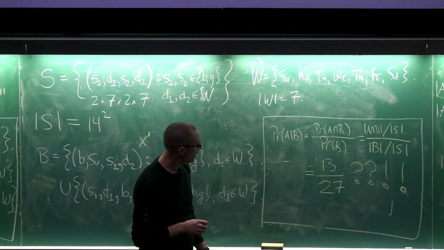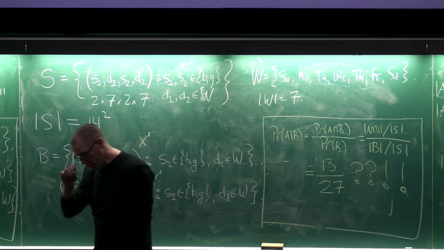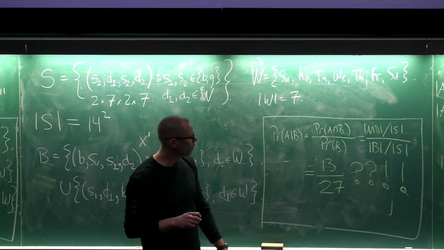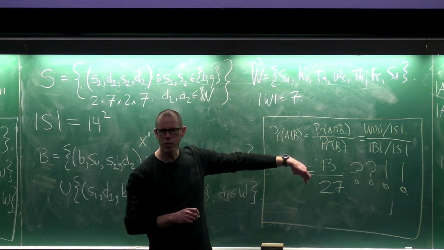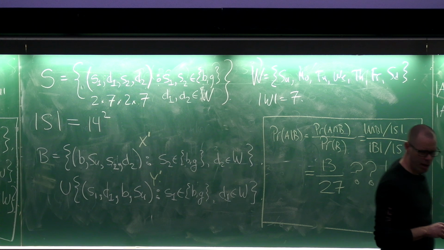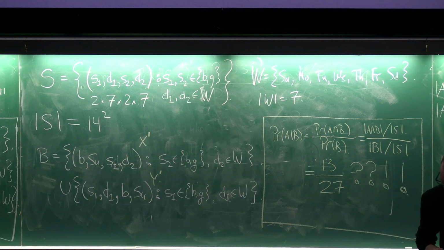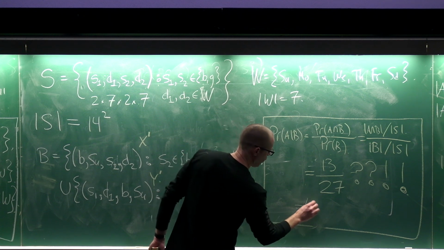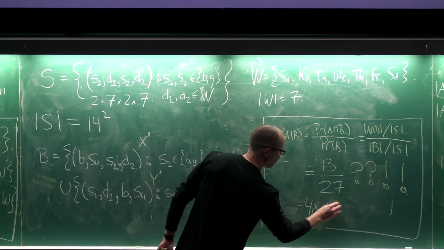So, if one of Anil's children is a boy who was born on a Sunday, the probability that both his children are boys is 13 out of 27. And 13 out of 27 is 48.15%.